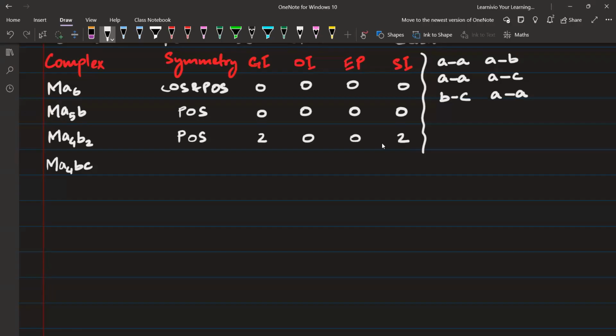Will there be any other case? Okay, so no. No, right? ठीक है. Now, I hope you can see that both of these are going to have A opposite to A है, यहाँ पे भी A opposite to A है. So both of these will have a plane of symmetry, है ना? So plane of symmetry will be there. Two geometrical isomers. Optical isomer will be 0 and enantiomeric pair is 0. 2, 2.